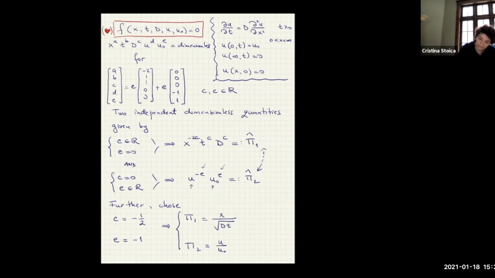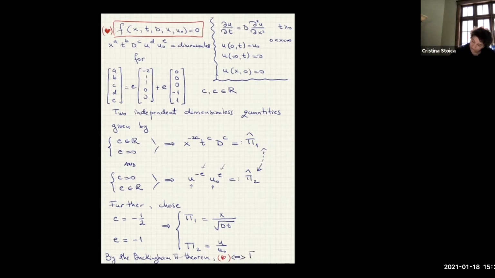So here, by the Buckingham pi theorem, relation hearts is equivalent to, okay, what does it say?